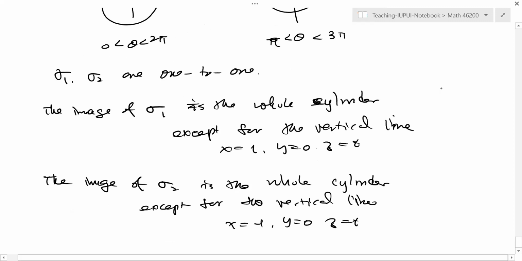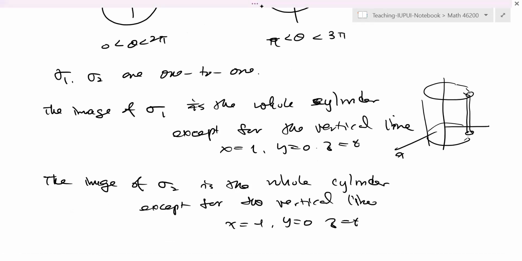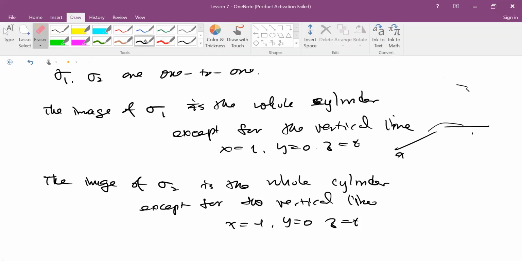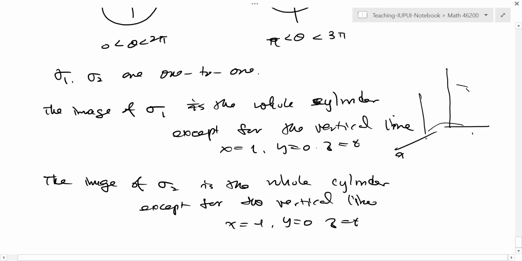Okay, so let's look at the picture here. Yeah, this is broken here, right? And here's, no, I did not draw correctly. I needed to redraw it. Actually this line, okay, this line is deleted.